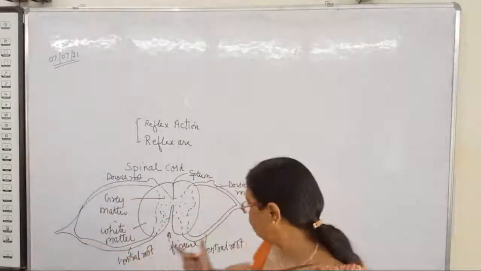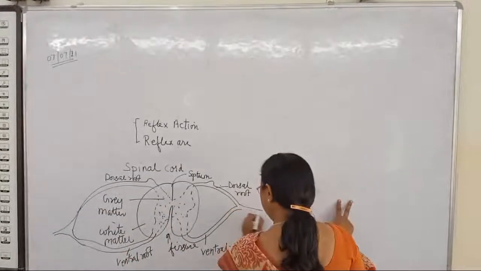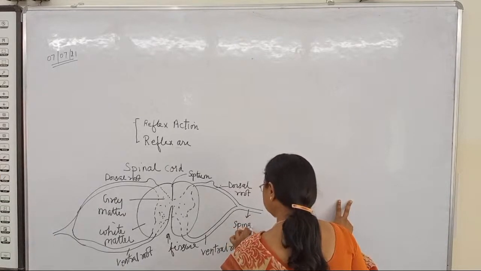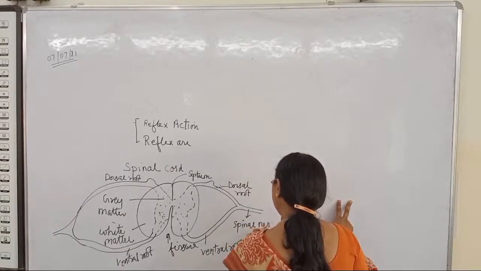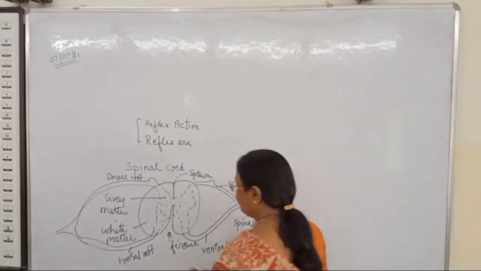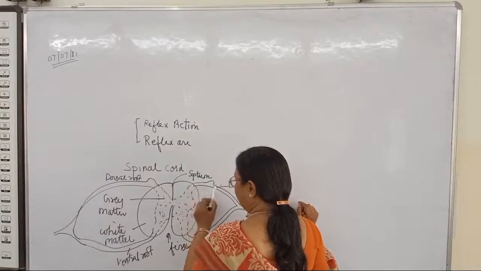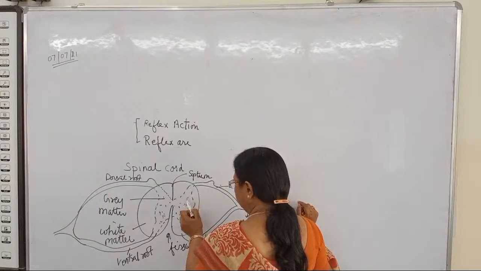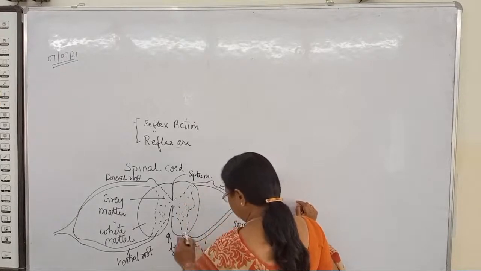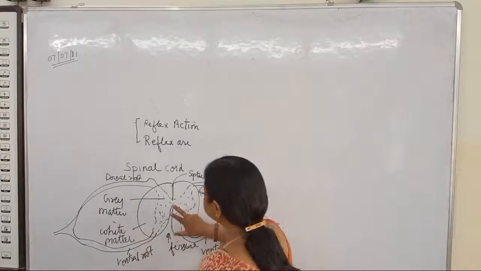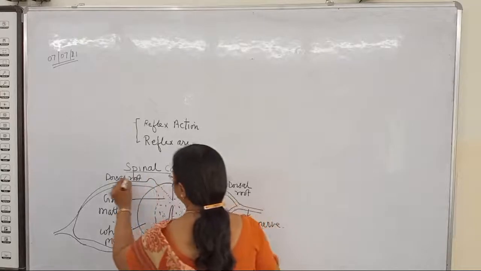Now these combine to form a spinal nerve. So cell bodies are here and fibers come out from the dorsal root ganglion and the ventral root. So this is the structure of the spinal cord.